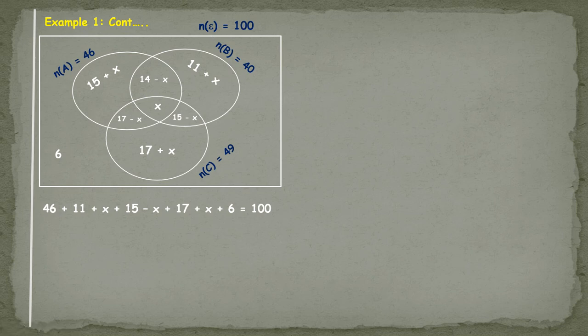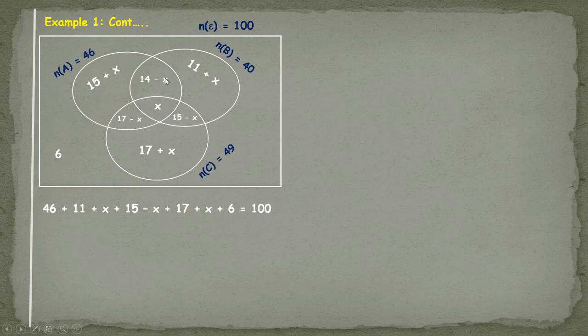Now, I would have taken 15 plus x plus 14 minus x plus this plus this plus this plus this, now plus 6. But as a way of saving time, I may not have to add the order of this. Observe this one critically. If you added these values here, what would you get?